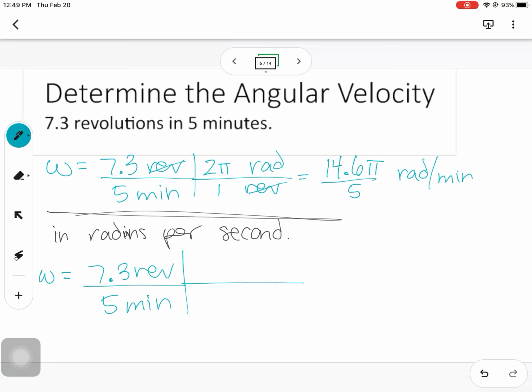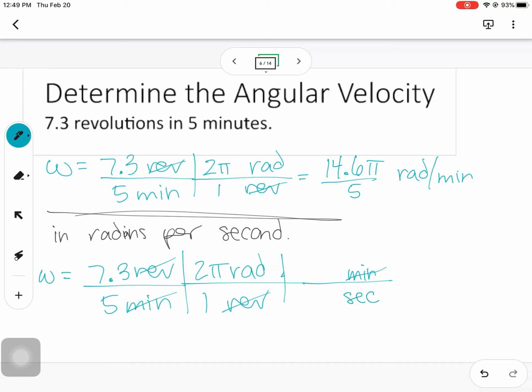We would still convert my revolutions into my radians, but now we wouldn't be done because I have it in radians per minute right now, and I need this bottom row to say seconds. So I'm going to do another round of dimensional analysis, converting my minutes, which I'll put up top because I need minutes to cancel with minutes, into seconds.